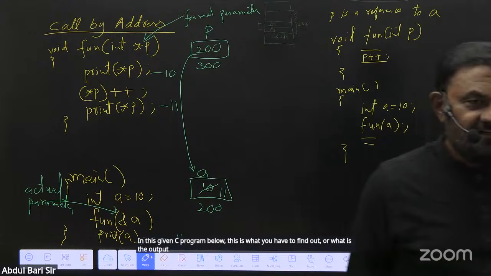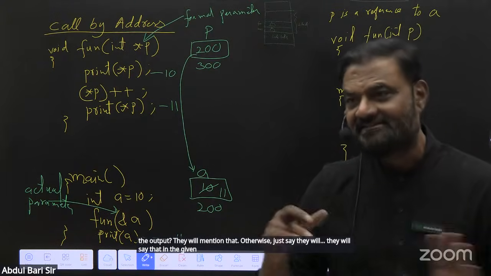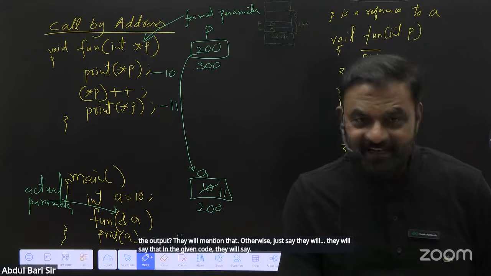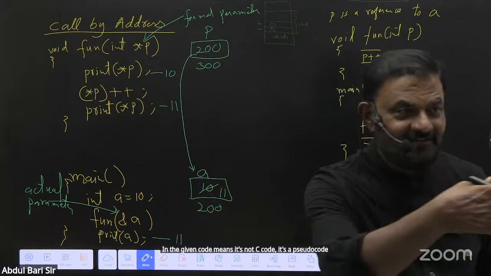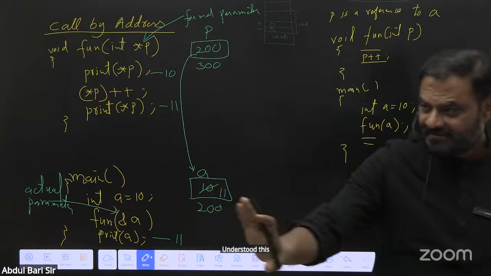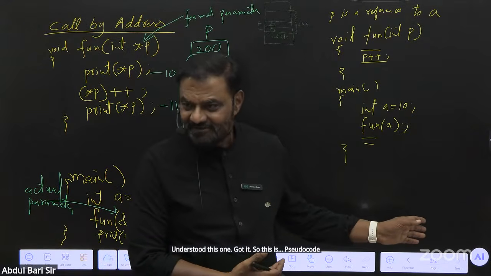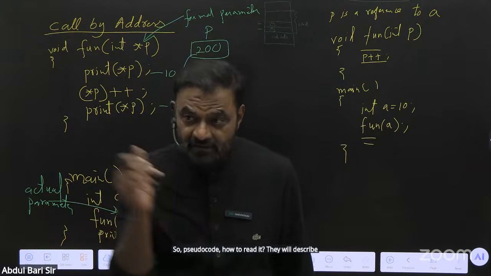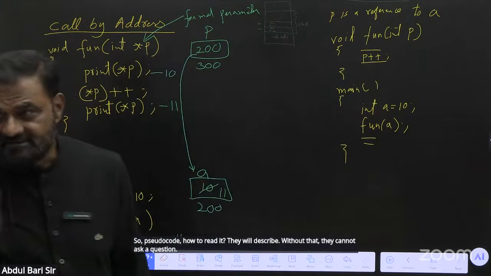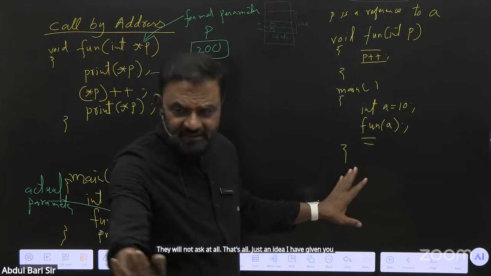Otherwise, they will say in the given code, which means it's not C code, it's pseudocode. Understood this one? Got it? So pseudocode, how to read it? They will describe. Without that, they cannot ask a question. They will not ask at all. That's all, just an idea I have given you. Don't take a note of this one.